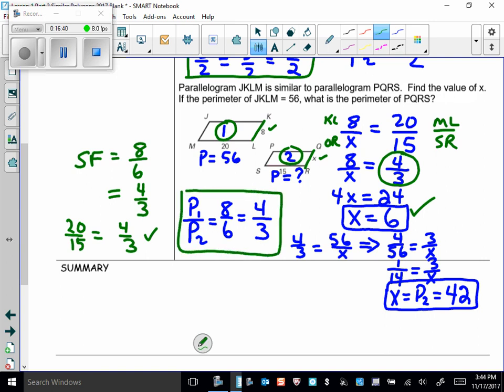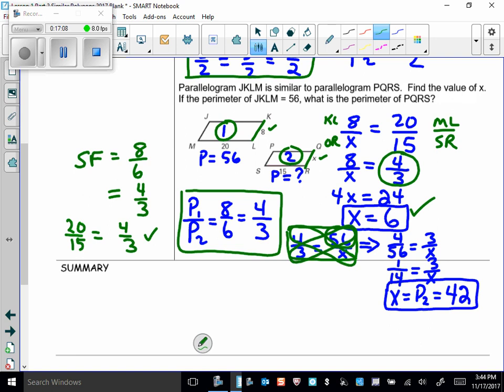Okay, so now I take that ratio of perimeters, and I know that the perimeter of the first parallelogram is 56. So I plug that in right there. Then instead of multiplying 56 by 3, I'm going to switch my extremes this time because that's going to make my problem much easier. Actually, I take it back. I didn't do that. I switched the 3 and the 56.